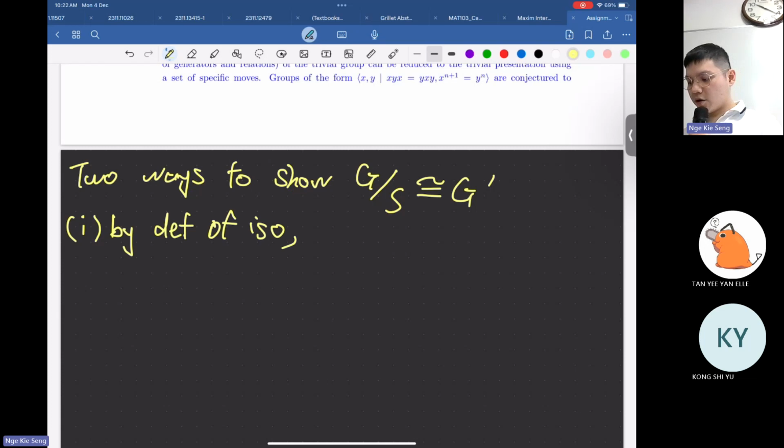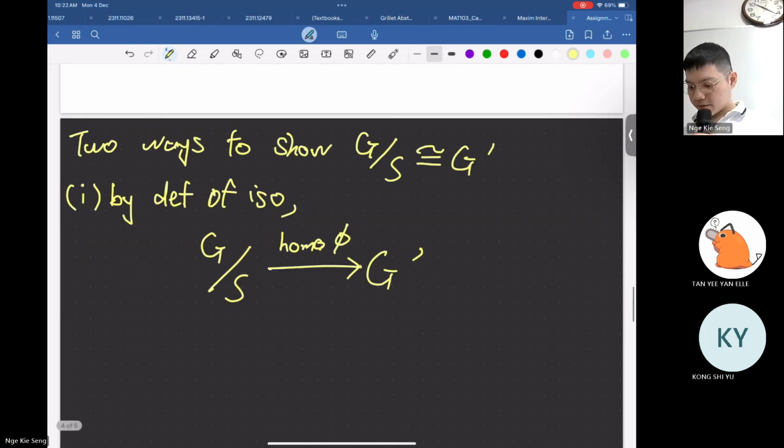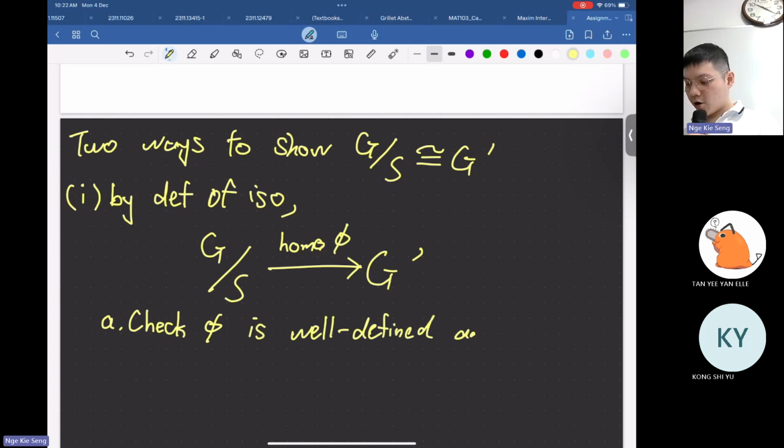When you say that two groups are isomorphic, you need to create a homomorphism, phi. So first check phi is well defined and a homomorphism.